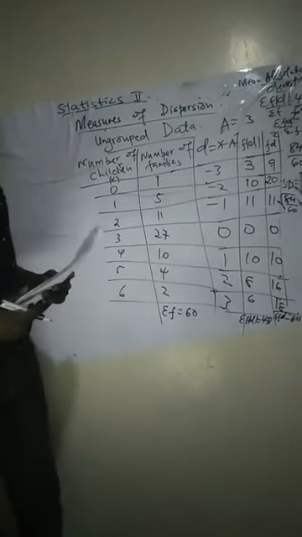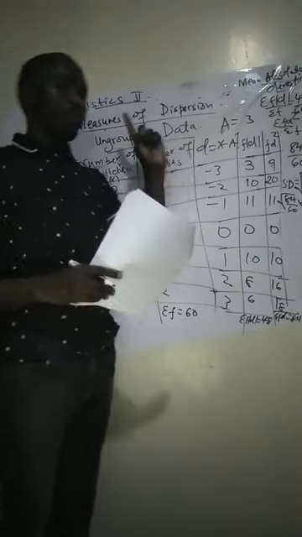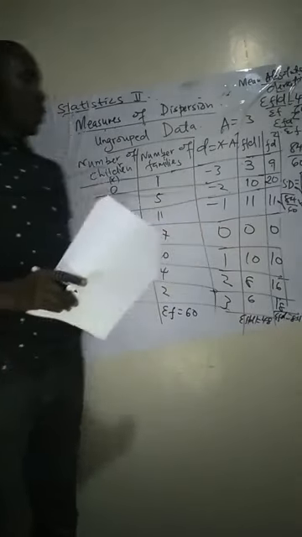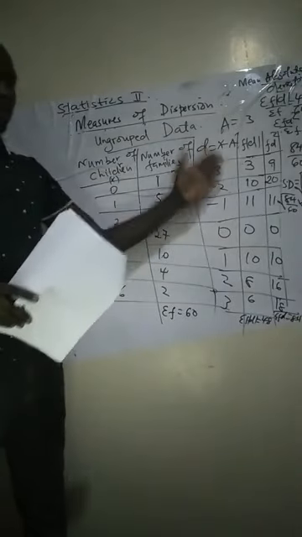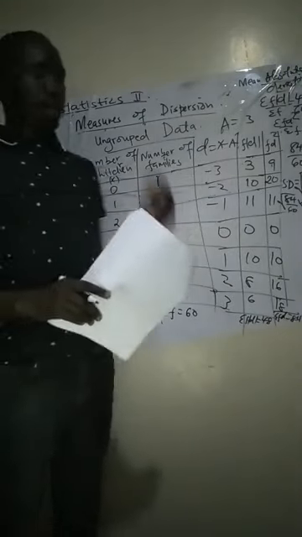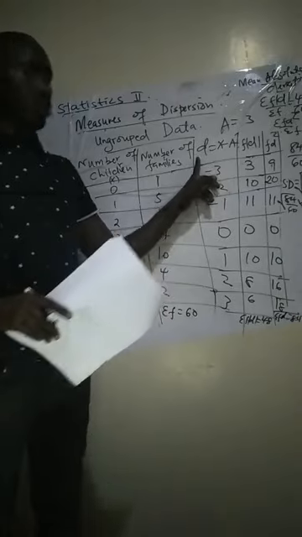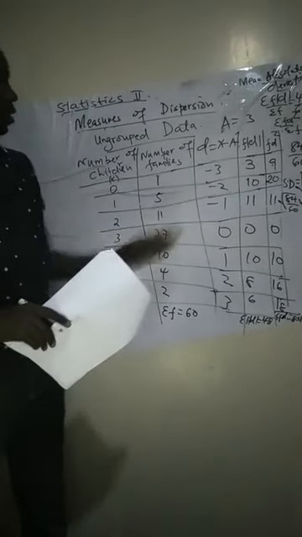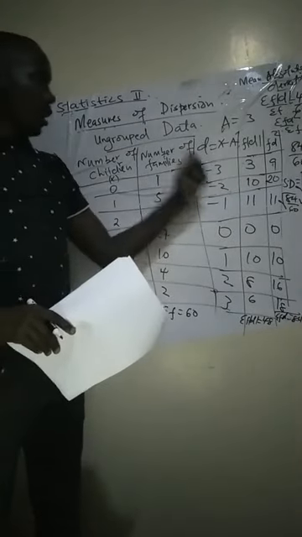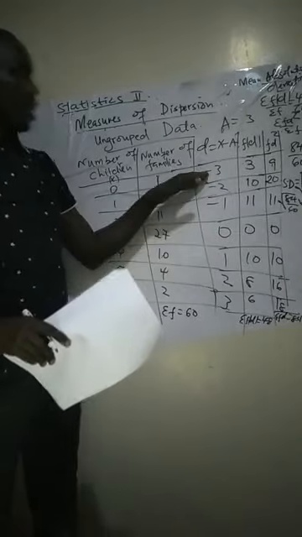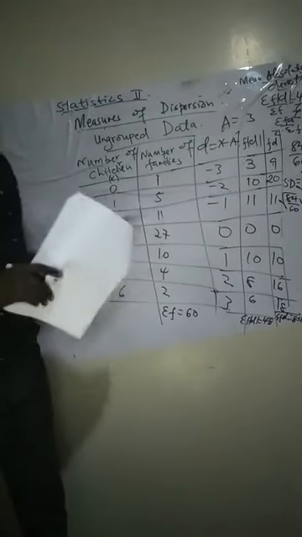We fix that by introducing variance, by squaring the values of d, the deviation x minus a. Negative 3, to get the variance, we square that. This is in ungrouped data.